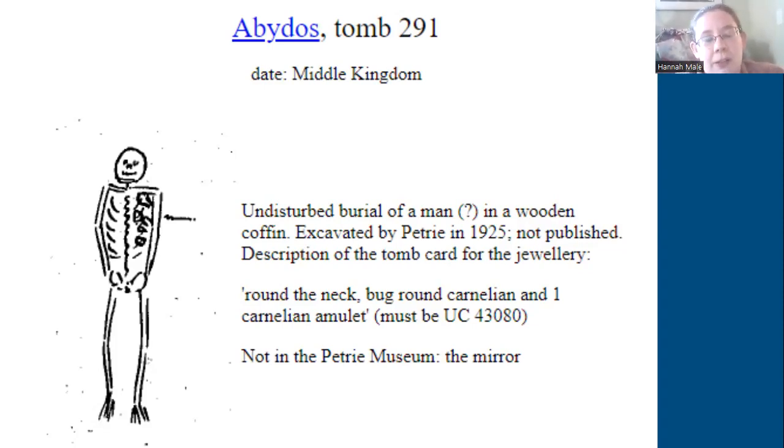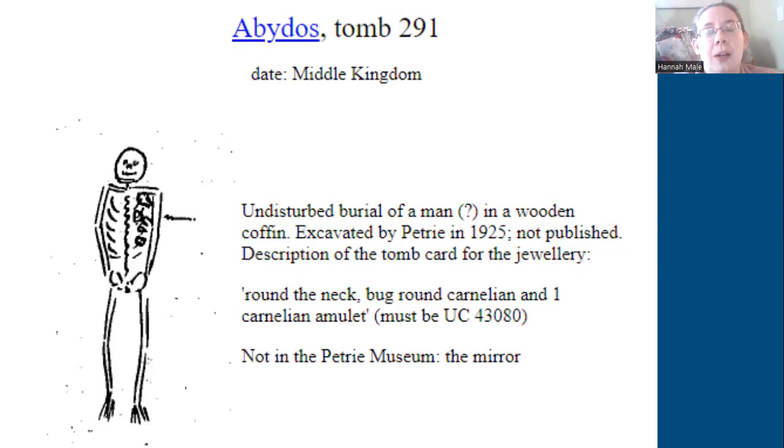So from his records, we know that the burial was undisturbed, that it was probably a man, which is why I think there's that question mark there. And the body was found in a wooden coffin.